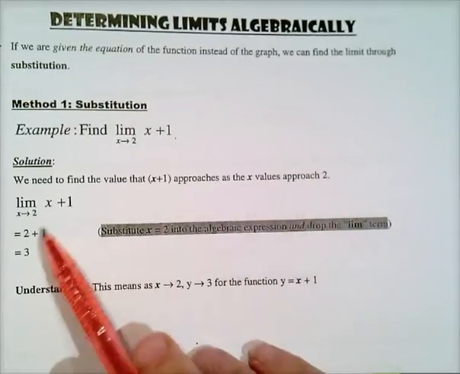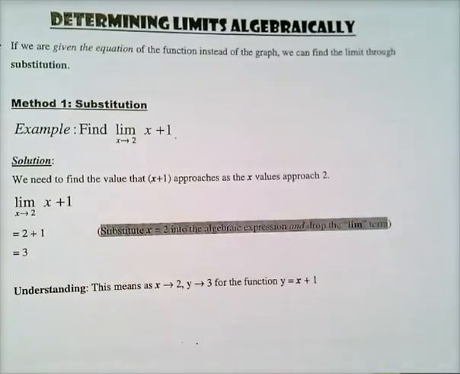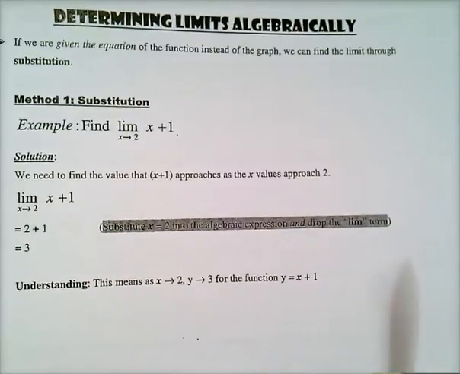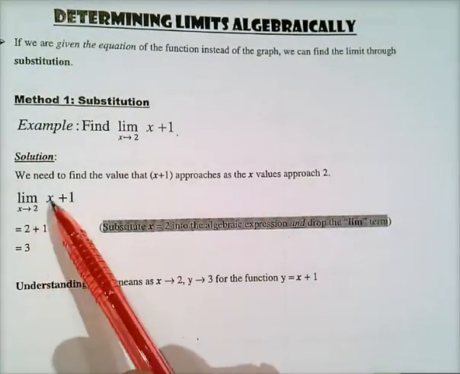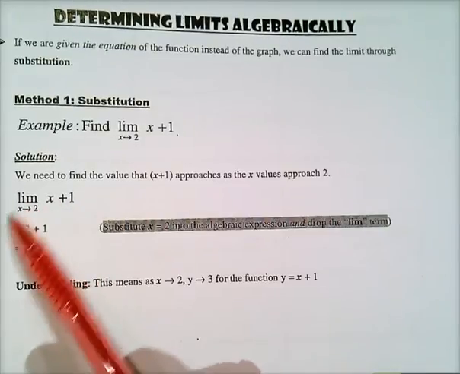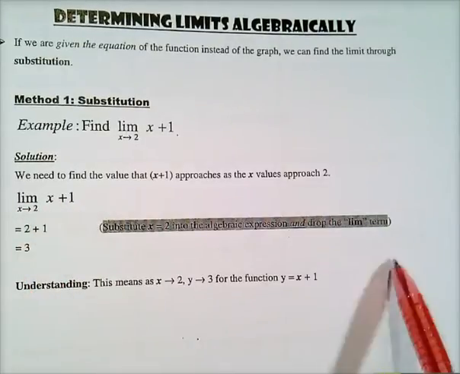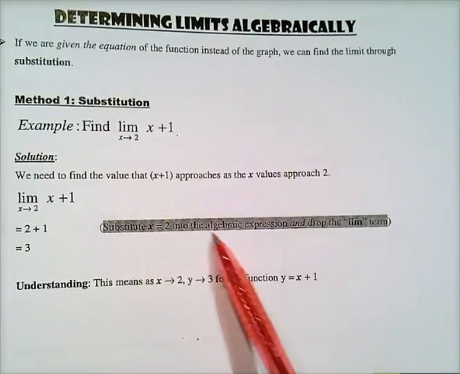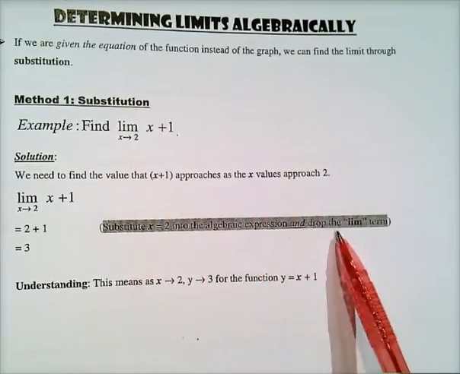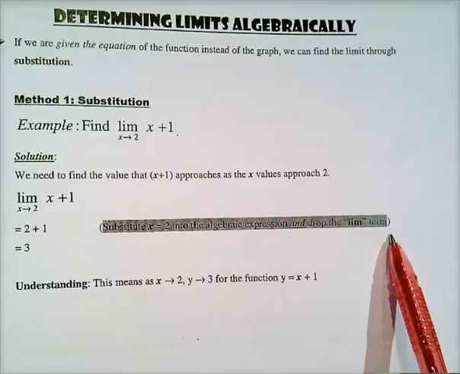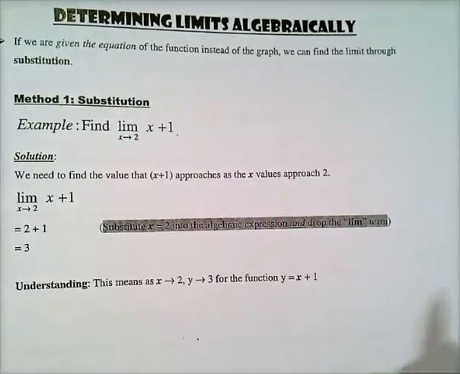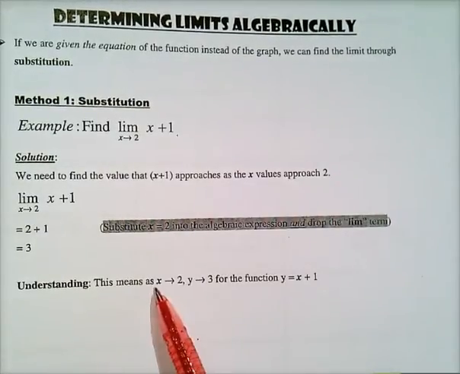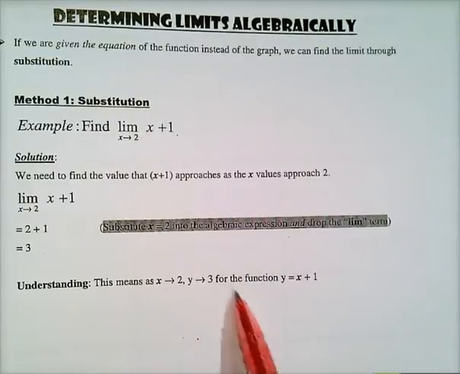So we just substitute x equals 2 into the algebraic expression. And so notice once we do the substitution of x equals 2 in here, we drop the limit as x approaches 2 notation. So this means that as x approaches 2, y approaches 3 for this function. Okay, because the answer we got was 3. Turning over the page.